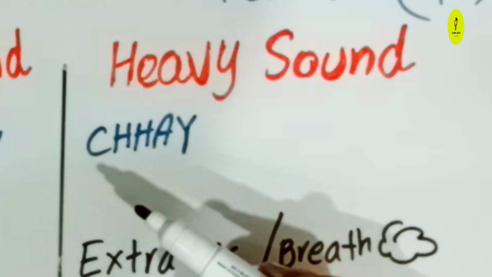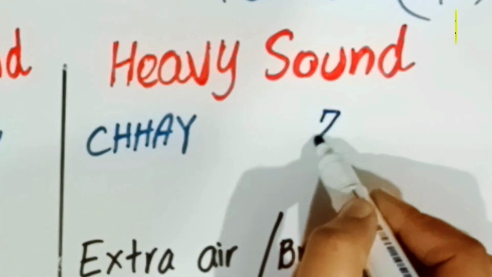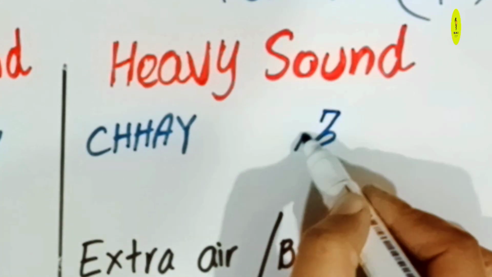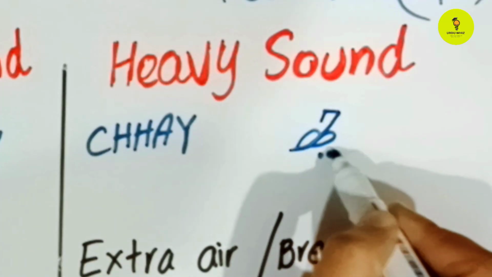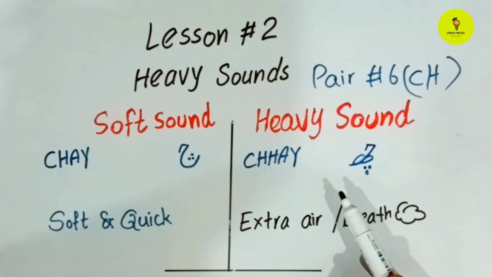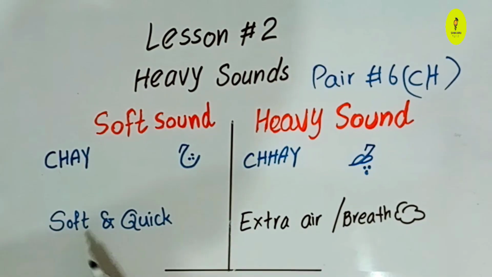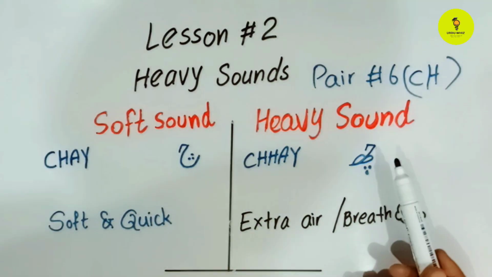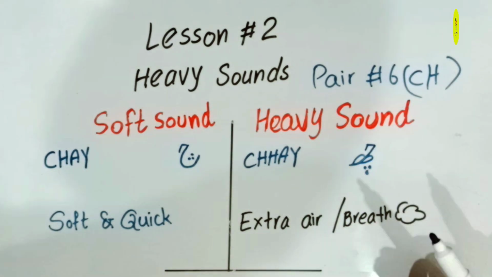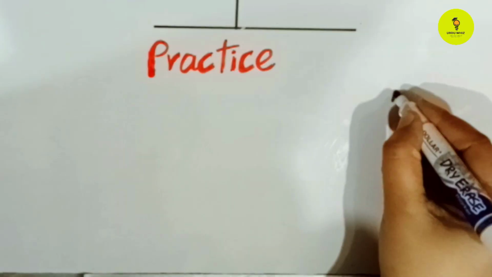J and Chay. The soft sound of Chay is soft and quick, but the heavy sound has extra air or extra breath. We will practice.